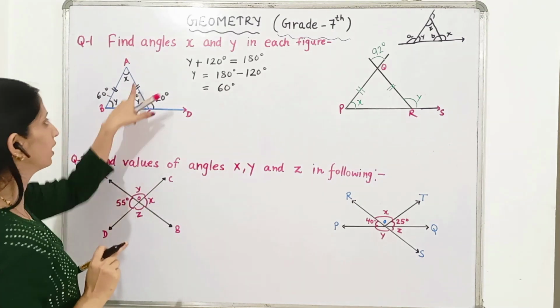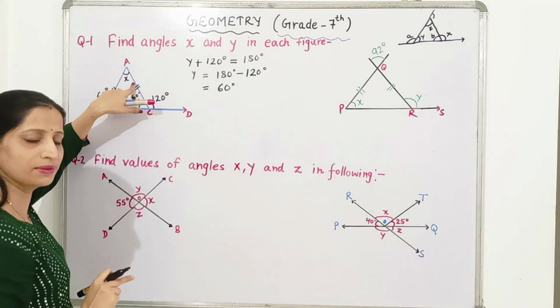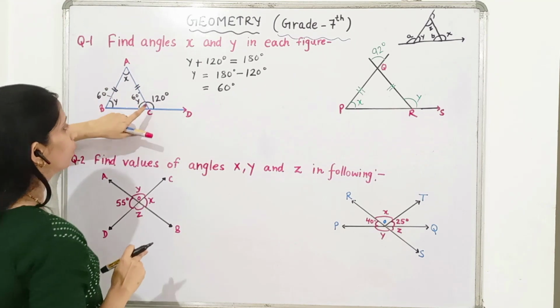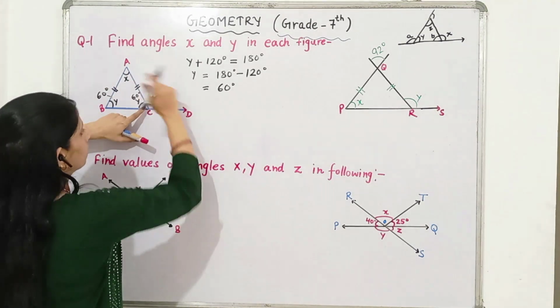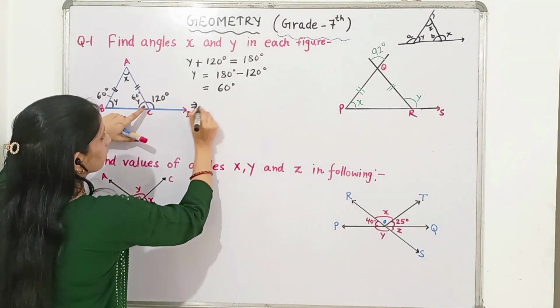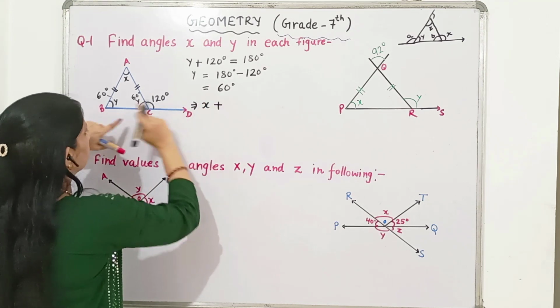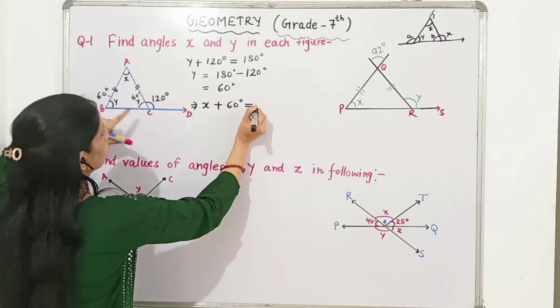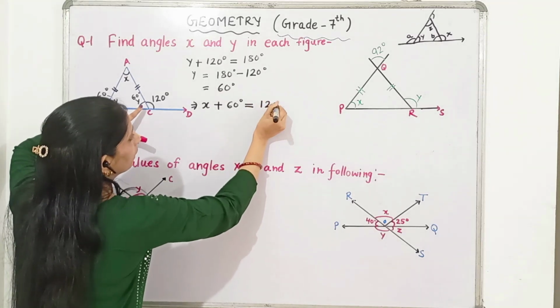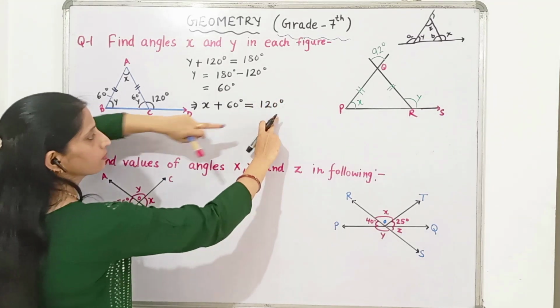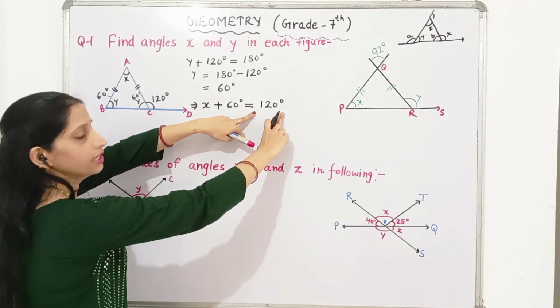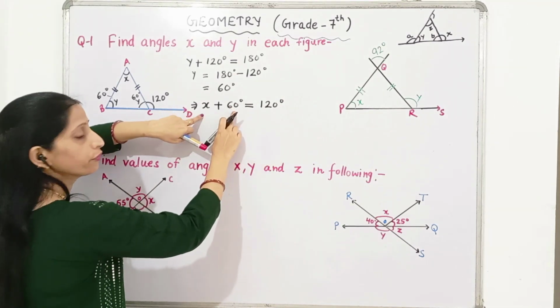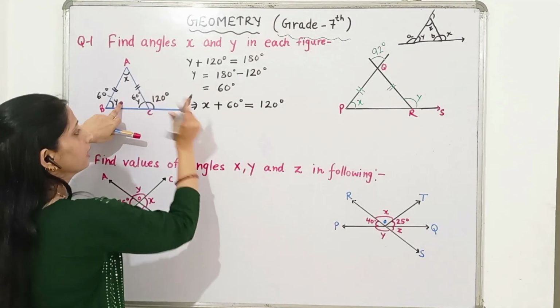Now we have to find out only x, and it's very simple. We will use the property of exterior angle. So this x plus y, we know it is 60 degrees, will be equal to 120 degrees, because the exterior angle will be equal to the sum of its opposite interior angles.